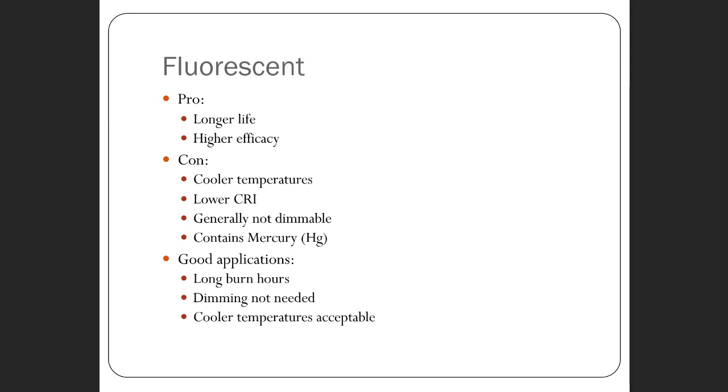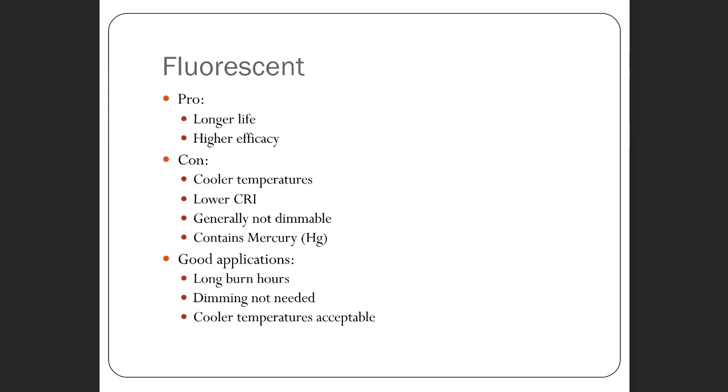So we generally aren't going to use these fluorescent light sources in our living spaces, our dining rooms or living room. But we certainly could have it in our basement or our shop or our garage.